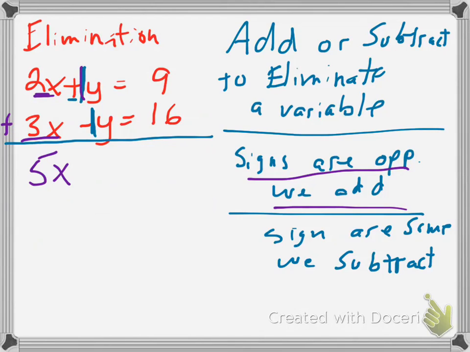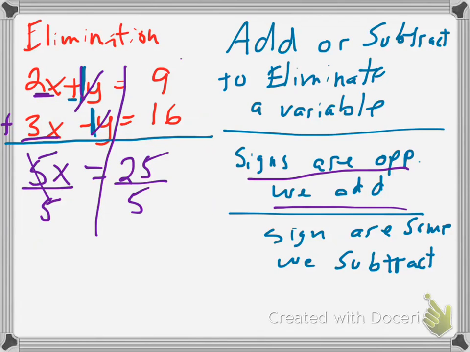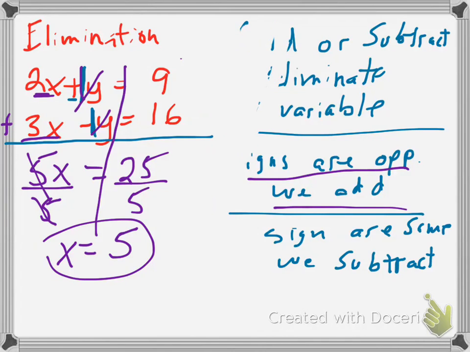Positive 1 plus negative 1, they cancel out. Then you add your like terms. 9 plus 16 is 25. Now I can solve for x. So x equals 5.